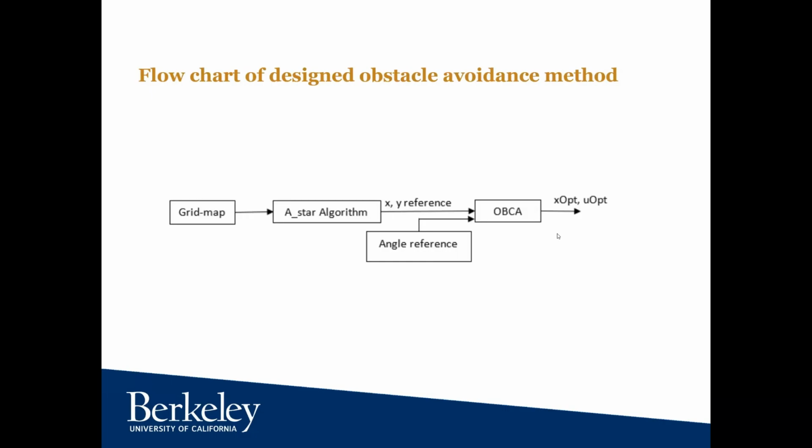We also need an angle reference because of the way we set up our dynamic model. Then we implement OBCA, the optimization-based collision avoidance method. Within that, there's an MPC controller, which will output the time-optimized trajectory and optimum input.